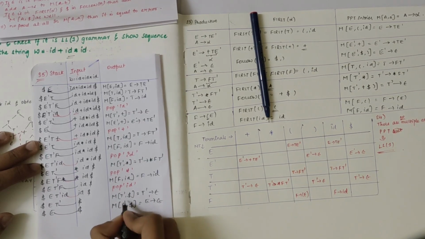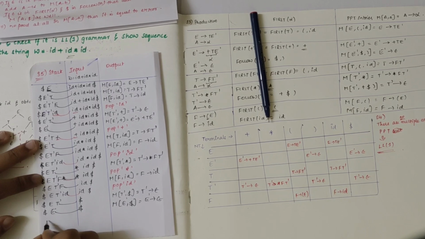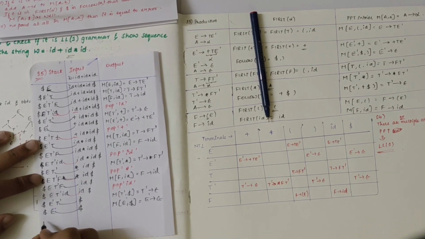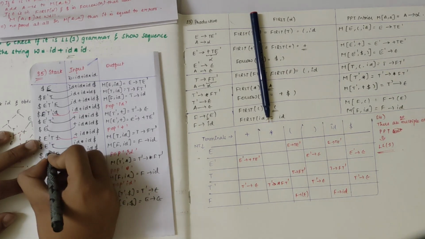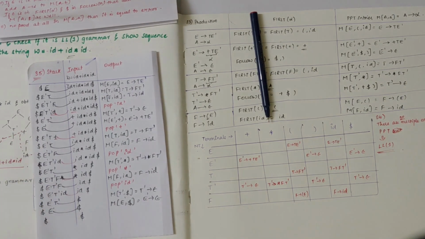E dash derives epsilon. So this E dash would get cancelled. Here we have dollar and here also dollar is remaining. So this is the output state.